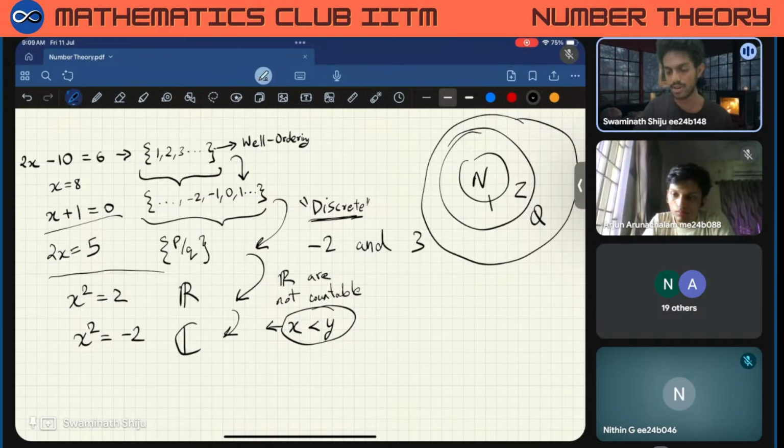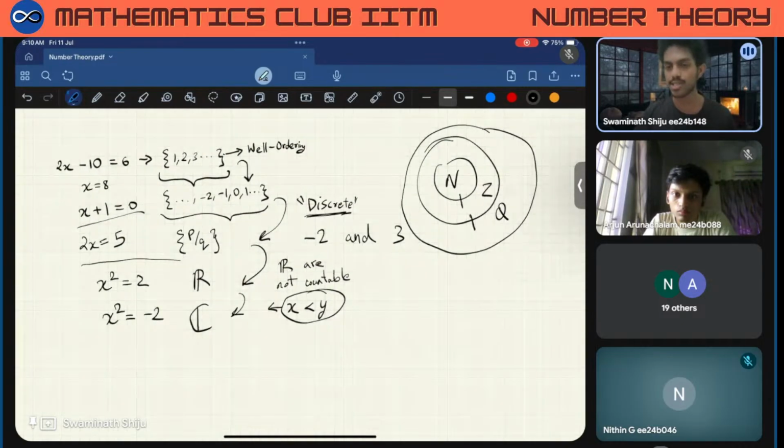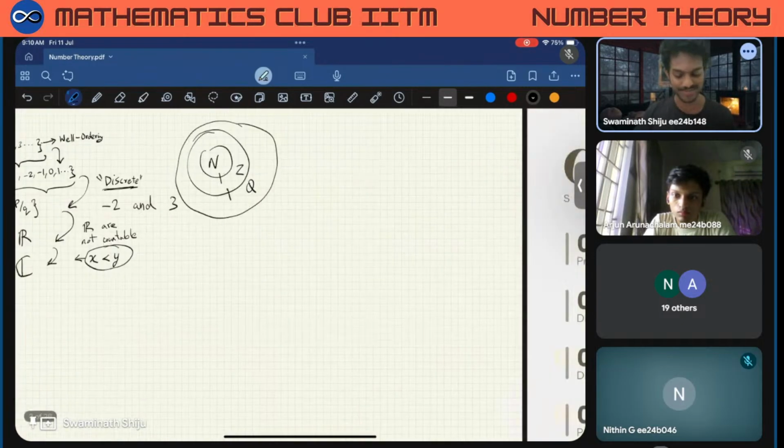Here you lost well ordering, here you lost discreteness, and so on. So in a certain sense, you can say the natural numbers have probably the most structure out of all of them. This is why the things you can prove about natural numbers are very vast. They have a lot of variety. It also makes them significantly more interesting.